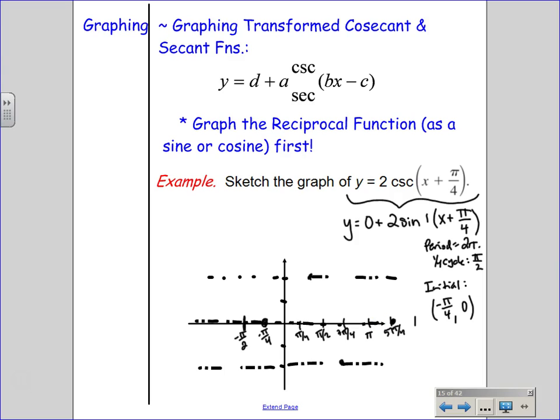If you guys were to put them together, you would end up with, did I get enough? Middle. Here you go.